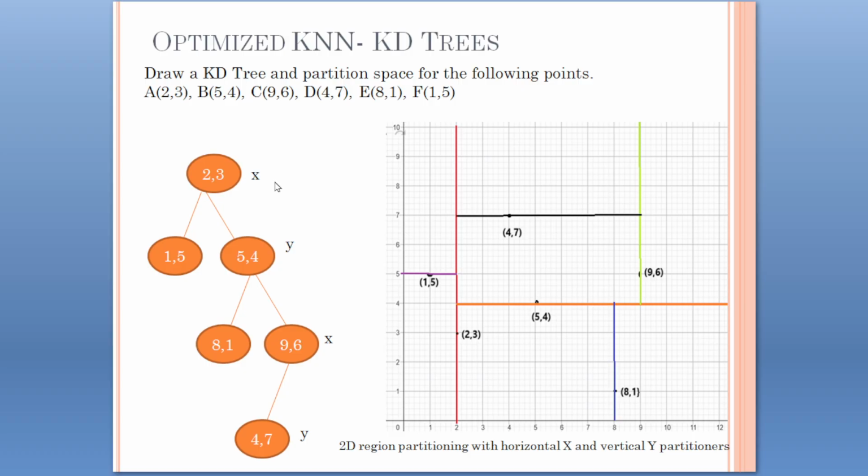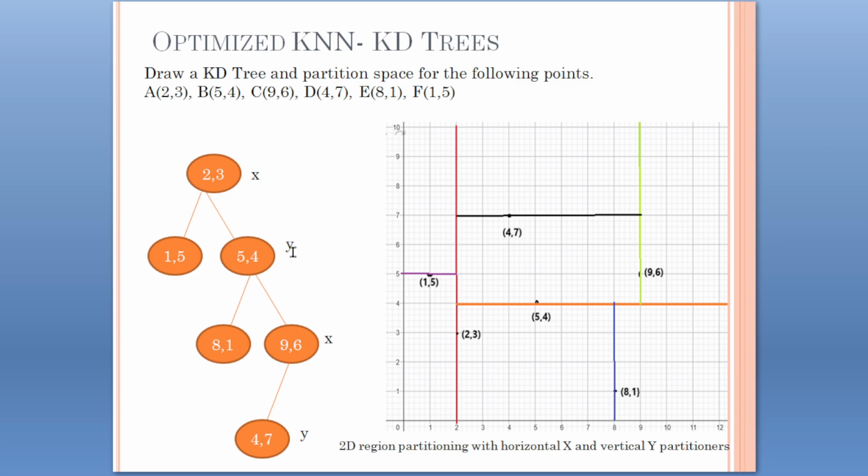Here it is written X, that means at this point our cutting dimension is X. Here it is Y, this shows that the cutting dimension is Y. Once again the cutting dimension at this depth is X, and once again the cutting dimension at this next depth or level is Y. That means between the different attributes the cutting dimension keeps on changing.